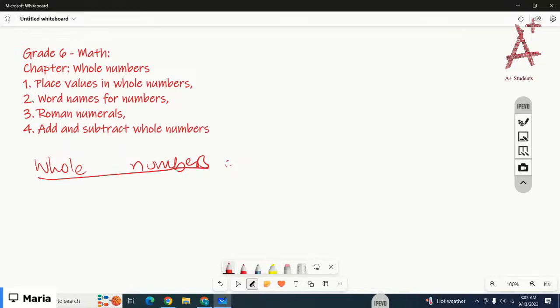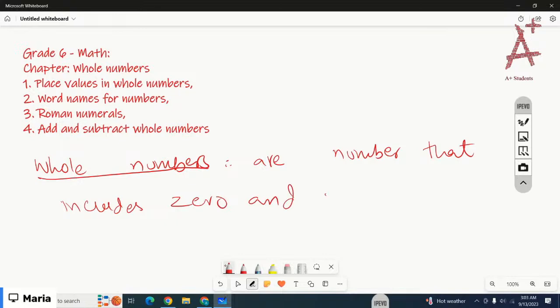So what are the whole numbers? Whole numbers are the numbers that include 0 and all the natural numbers, right? That means 0 is in the set of whole numbers, along with the other natural numbers.